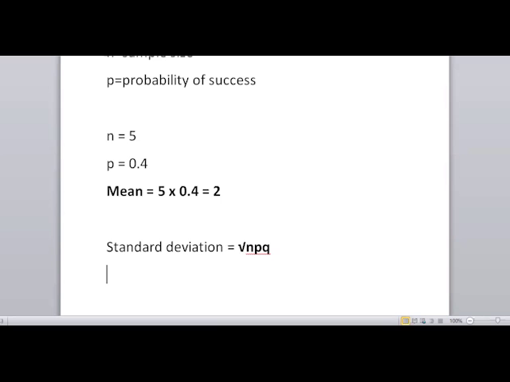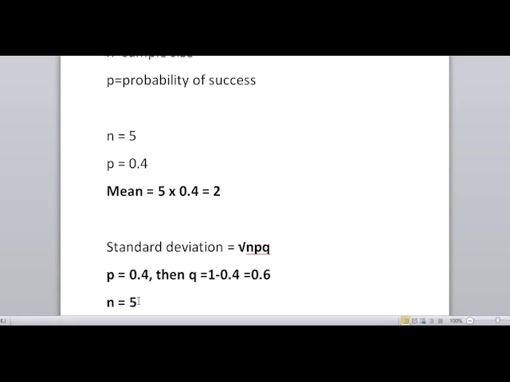If p is equal to 0.4, then q will be equal to 1 minus 0.4, which will give us 0.6. n is equal to 5. So just substitute: where there is n, put 5; where there is p, put 0.4; where there is q, put 0.6, and multiply these. That answer, find the square root.